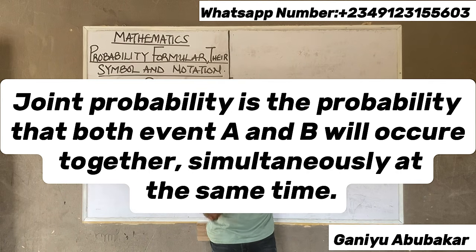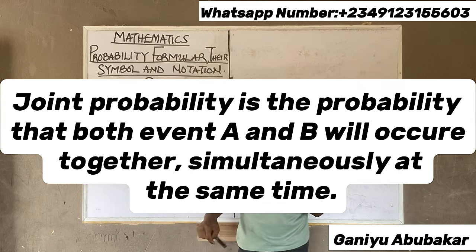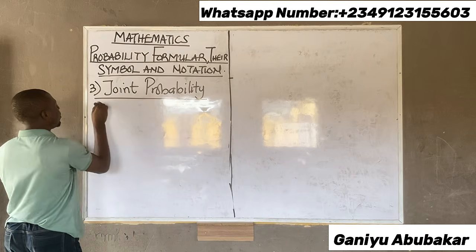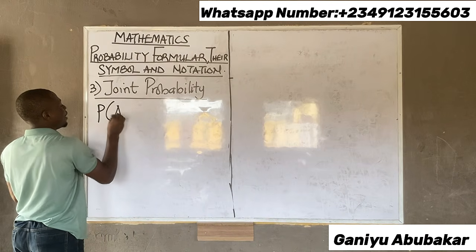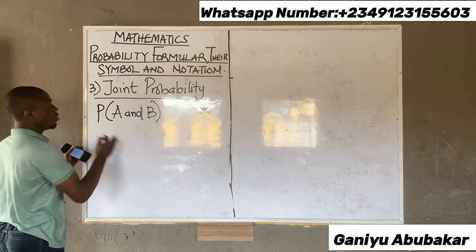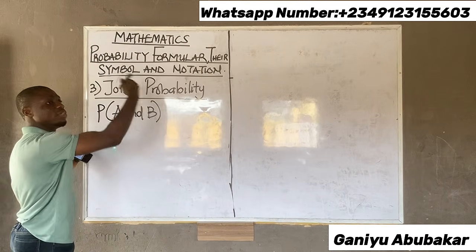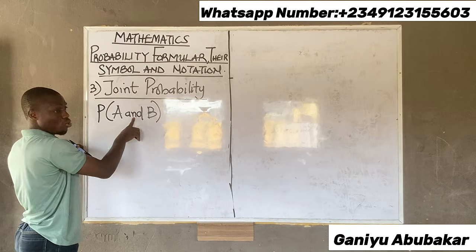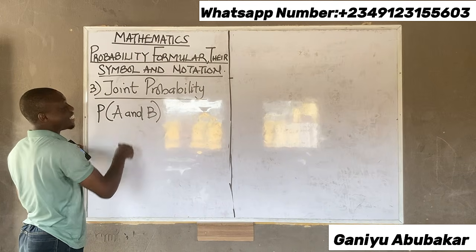Joint probability is the probability that both event A and B will occur together simultaneously at the same point. What we did initially before now was union probability. That one has to do with or. Now, joint probability has to do with and.